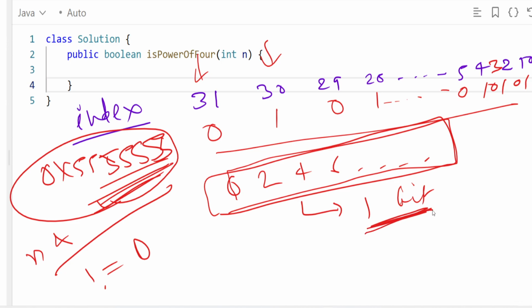We know that if the single bit is in n, and it is at an even position, where all the even positions give 1, it means it's a power of 4. Can we say that?